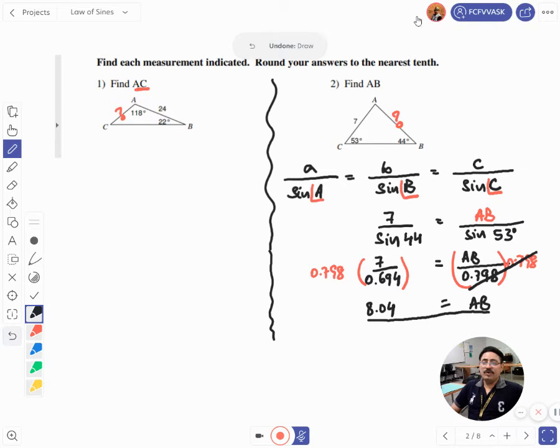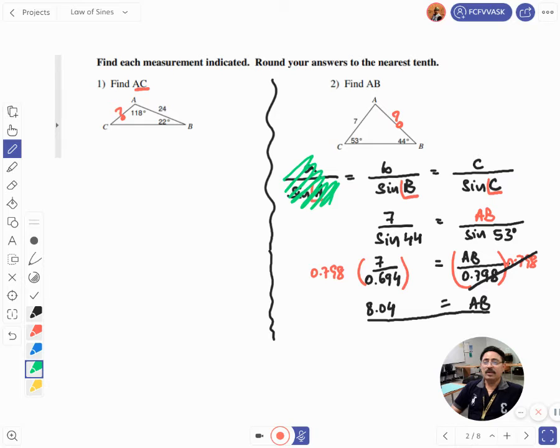Please remember, when you are using the sine rule, usually we drop one of the fractions. So we have 2 fractions, which means there are 4 elements. Out of 4 elements, you should know 3 values, then you can find what is missing.